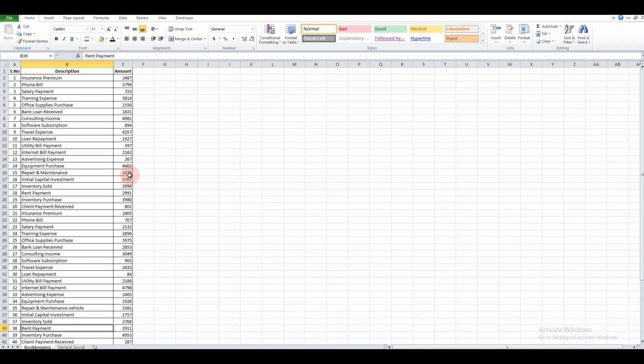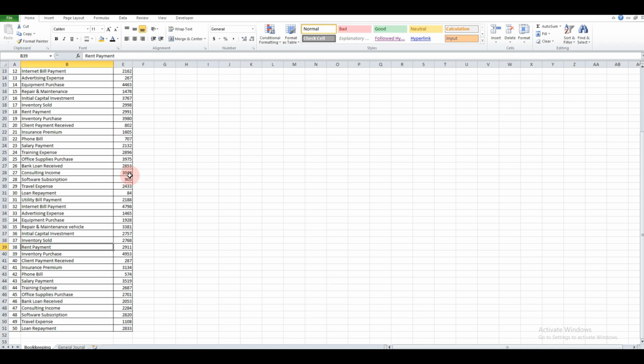Initial capital investment, inventory sold, rent payment. It's an expense. Inventory purchase. It's an asset. Client payment received. It's an asset account. Cash is an asset and customer is also a current asset. Both are current assets, cash and the customer.